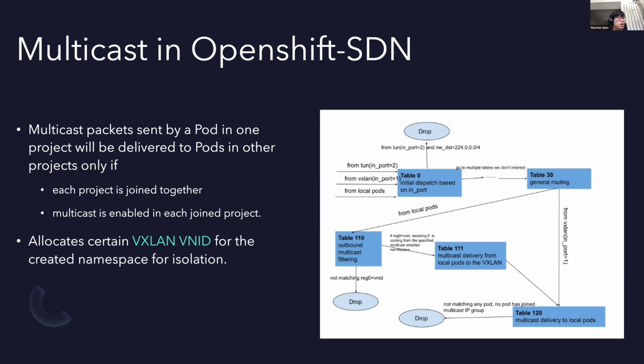If a namespace is annotated to enable multicast, OVS tables will be programmed to take actions on the multicast IP. Specifically, the multicast traffic will be broadcast to all the nodes, but for the pods inside one node, only a pod on a node with at least one local pod that has joined the multicast group will receive multicast traffic. You can check the OVS pipeline I drew here to see how they add tables and flows to implement multicast.